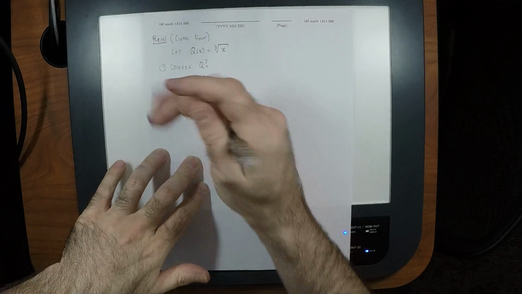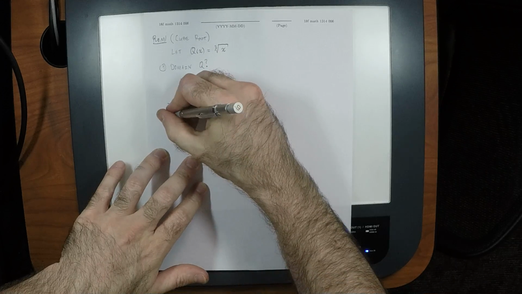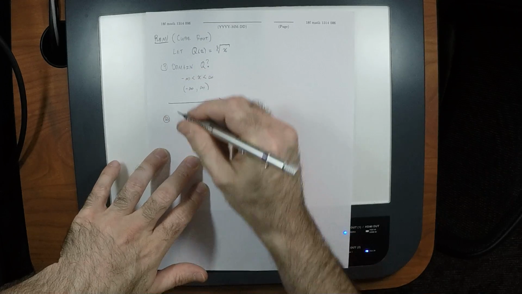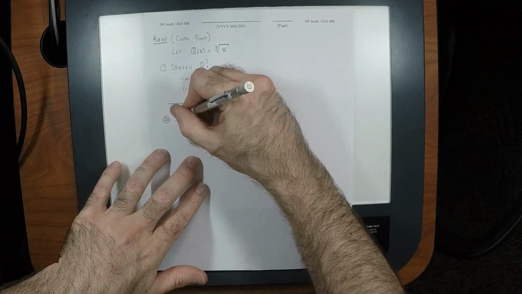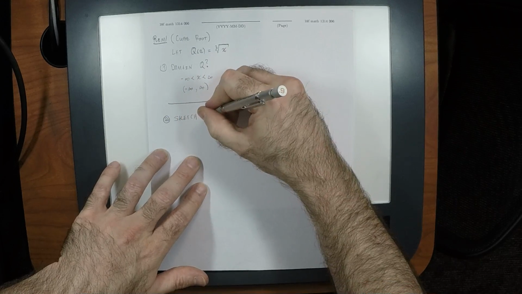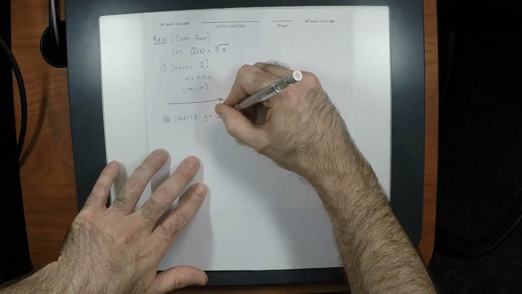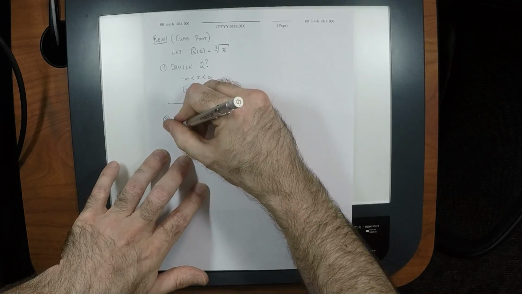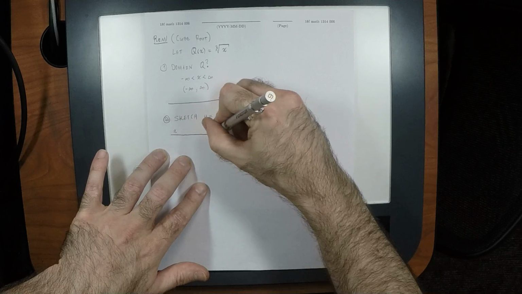Similarly, we also want to consider the range, but before that, I'm going to make a sketch of y equals q of x. So again, a table.